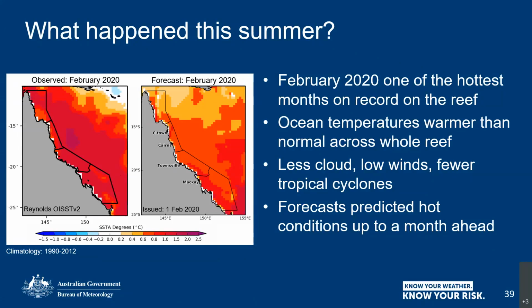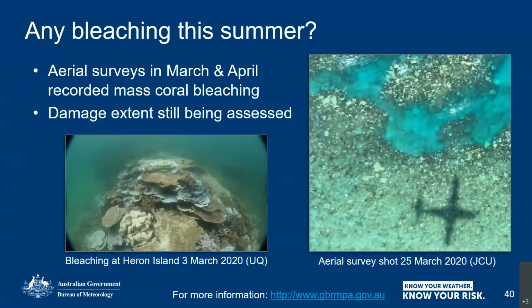So the water was sitting still under a warm, cloudless sky, baking under the sun. We predicted these warm conditions a month ahead, which information was then used by the Marine Park Authority and agencies to activate their coral bleaching response plans. In terms of bleaching, aerial surveys have been going on.